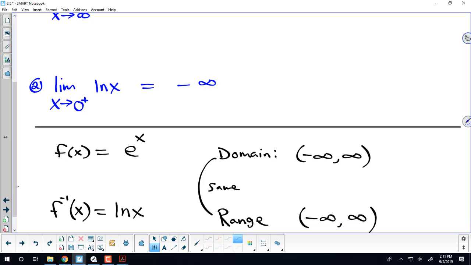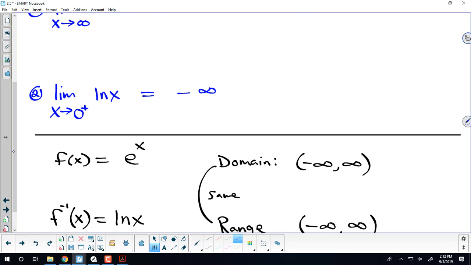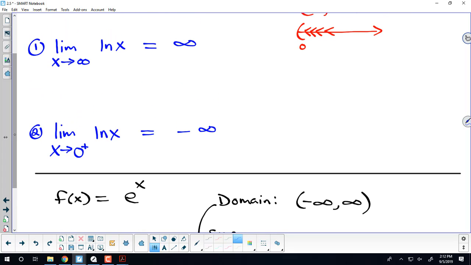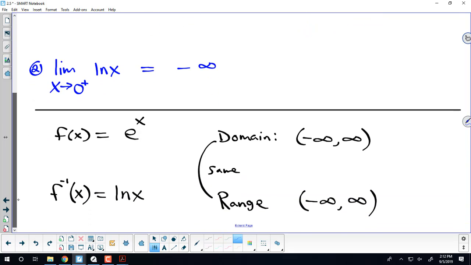That's the domain of the inverse function. So range and domain just switch when we talk about inverse functions. You should know the end behaviors of these functions for sure. All right, so that was sort of an aside thing.